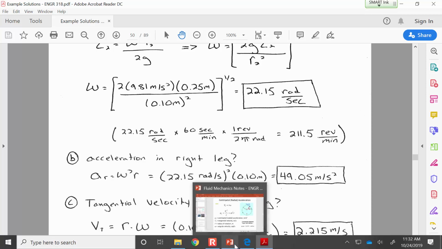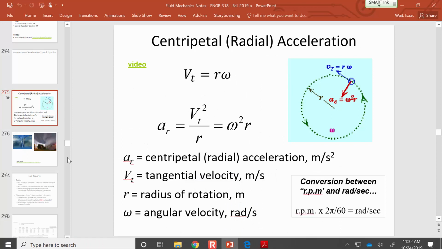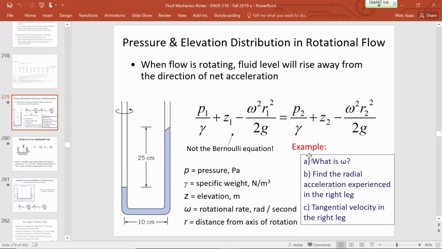All right. So that was open to the atmosphere. The type of question that is kind of interesting is, what if this was sealed on both sides and then we started spinning? Think about what would happen. The liquid would be forced over towards the right.